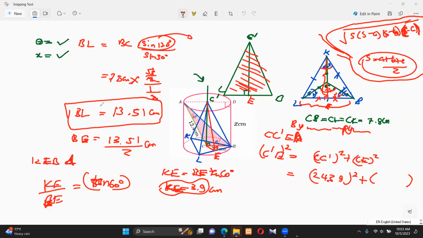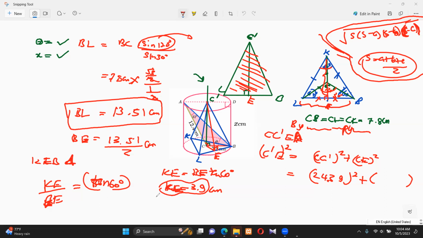This is C. CE equals 0.8 times... it should be 3.9, right?